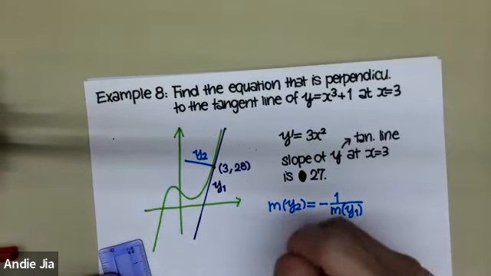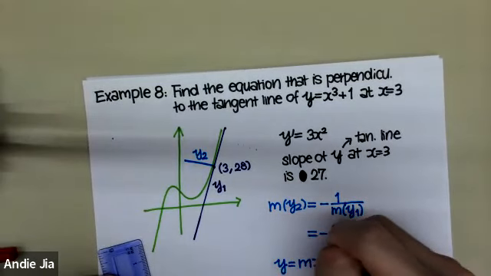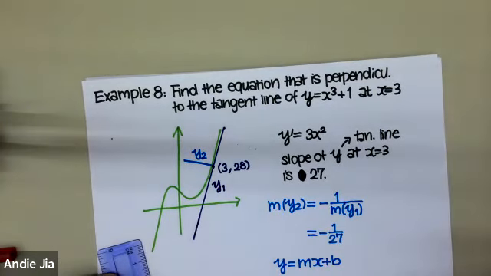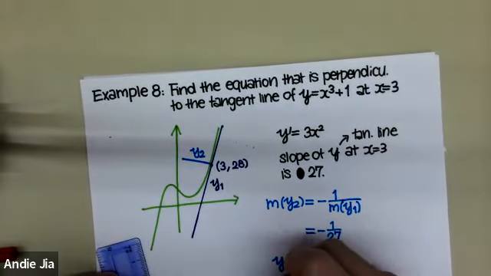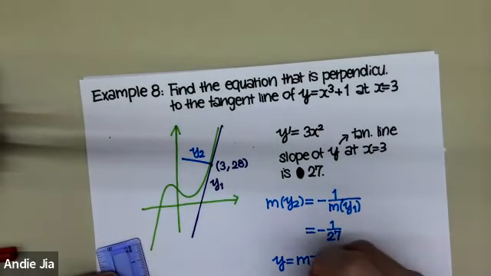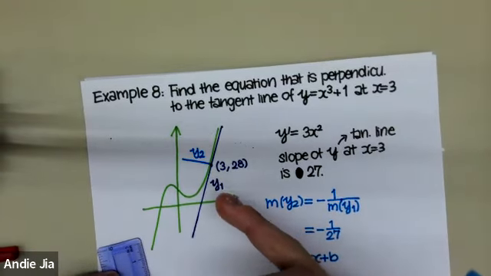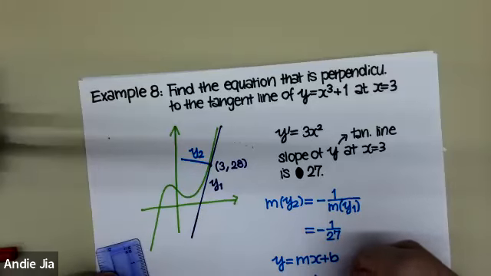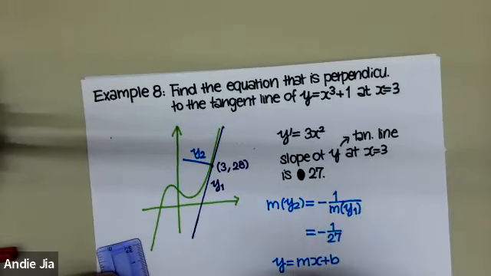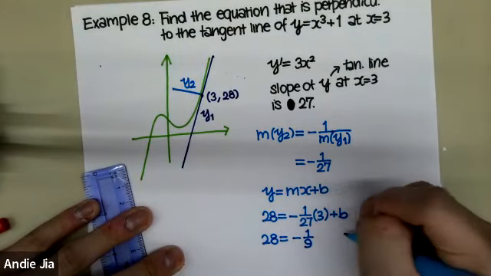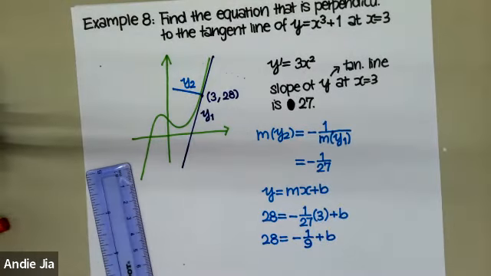And the formula should be y equals mx plus b. The y is 28. So 28 equals negative 1/27 times 3 plus b. 28 equals negative 1/9 plus b.